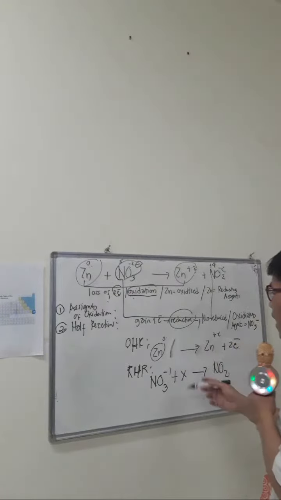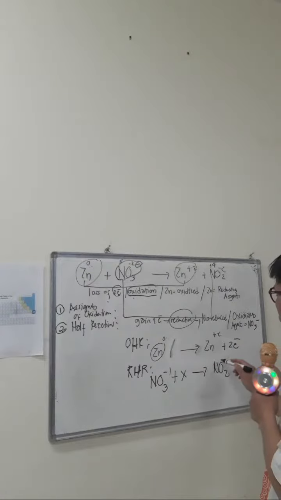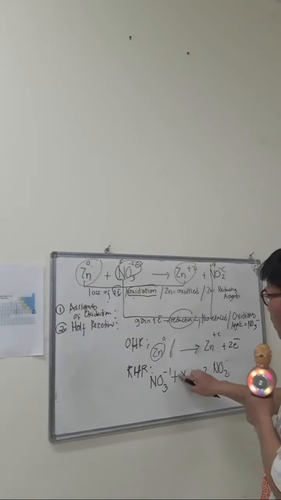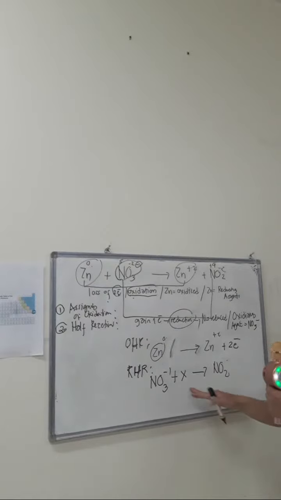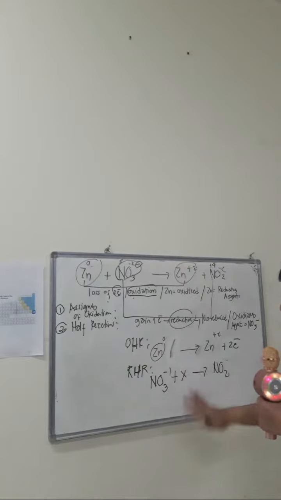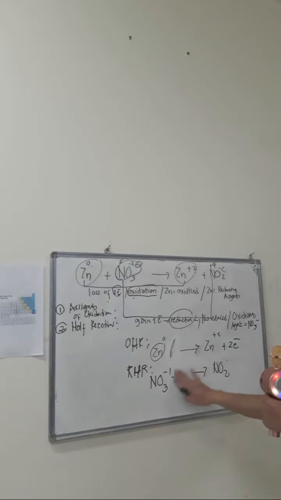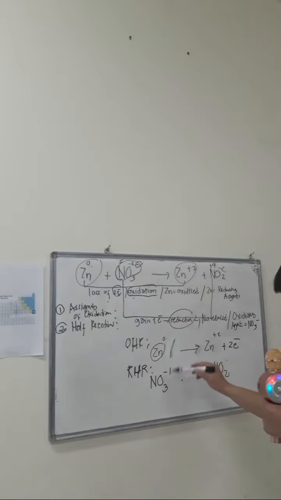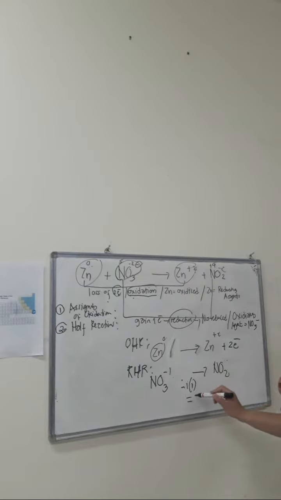So nitrite, plus x electrons gives NO2, like that. Because you can solve this another way, like the trial and error method. For example, I will show you how. We will not put x here. So balance the charges like this. Negative 1 times 1 is equal to negative 1, right?